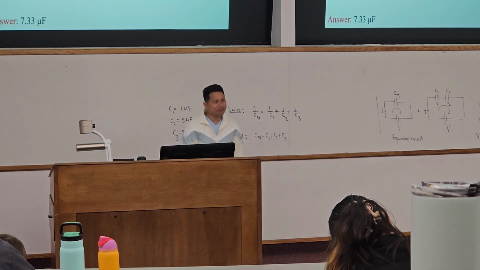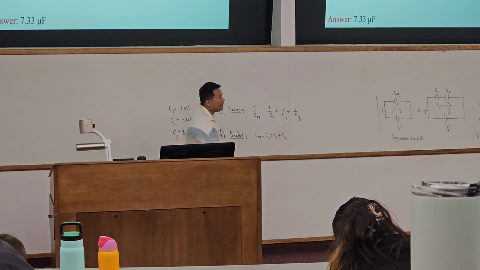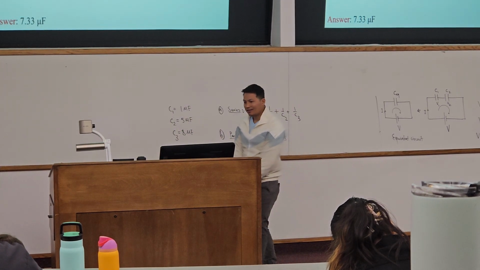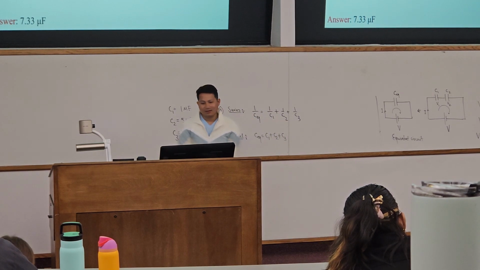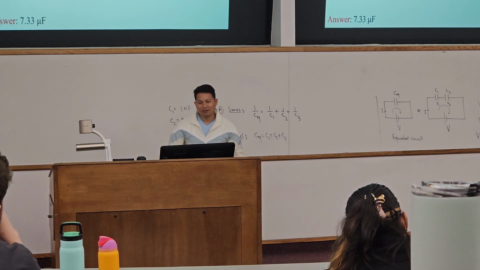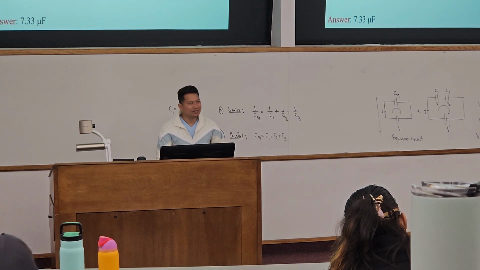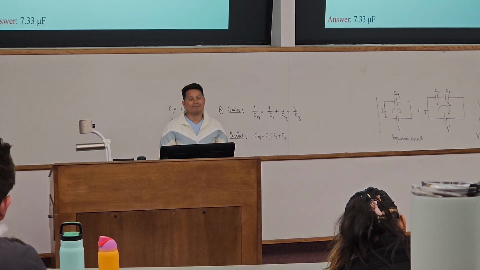This is a little bit tricky. You have three capacitors over here. Assume that C1 is 10 microfarad, C2 is 5 microfarad, and C3 is 4 microfarad. I want to find the equivalent capacitance of it.